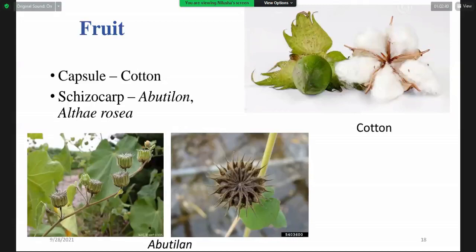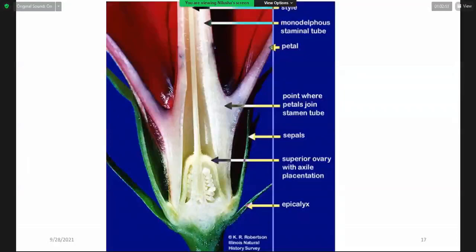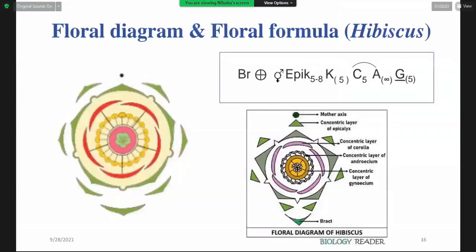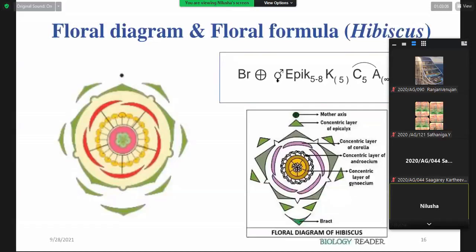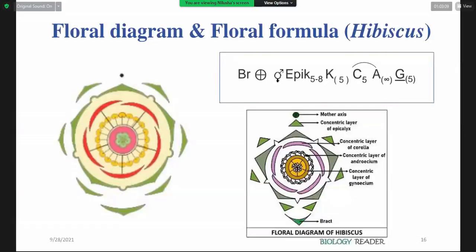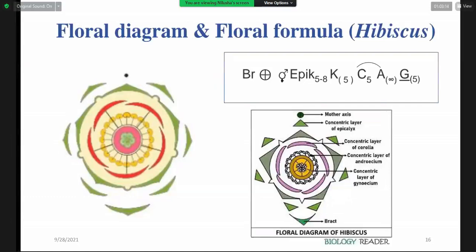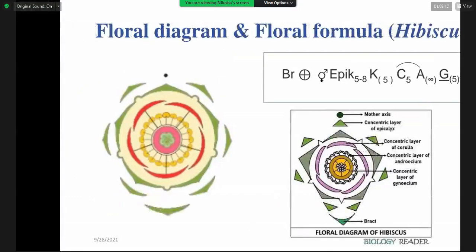Others, do you have any questions? Floral diagram, is it okay for all?